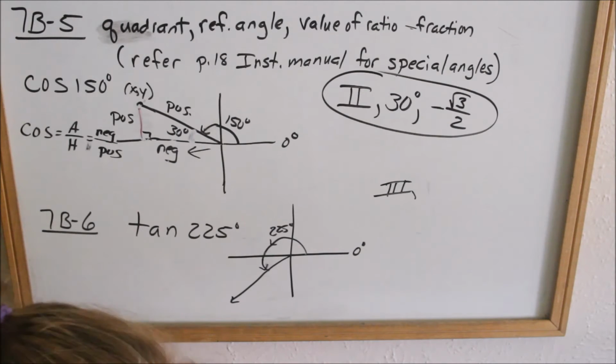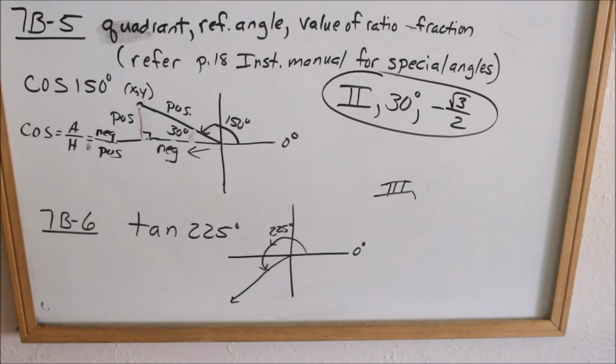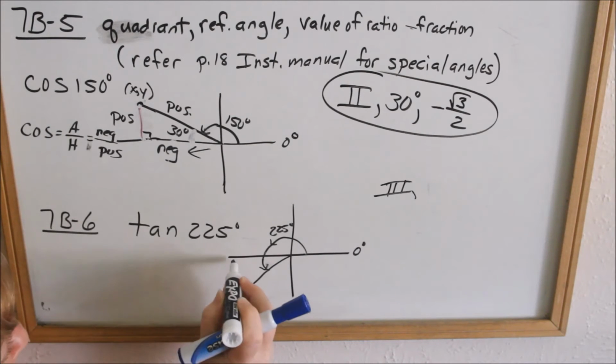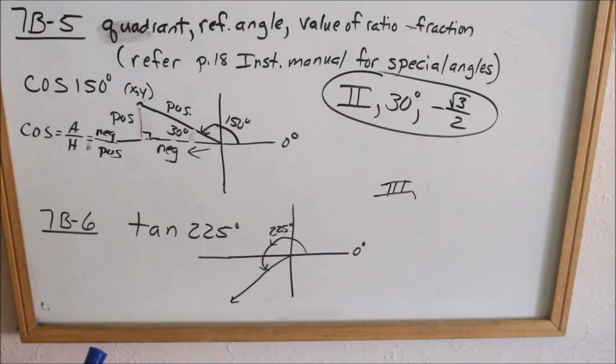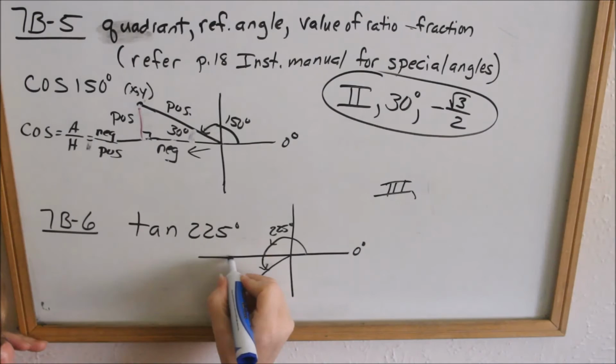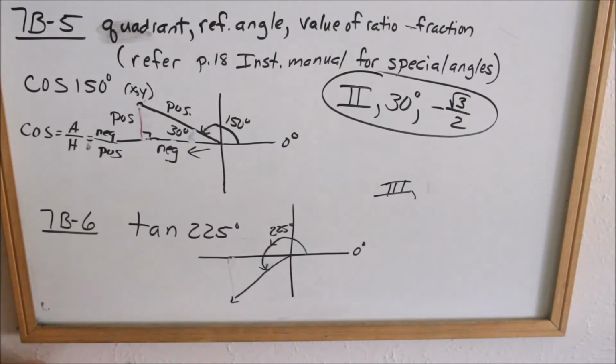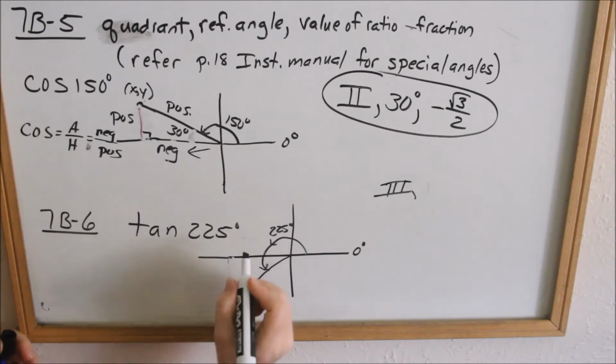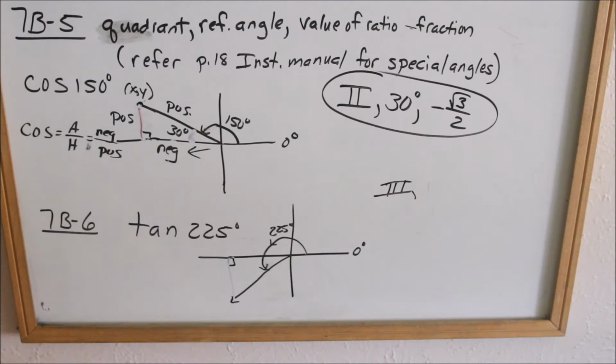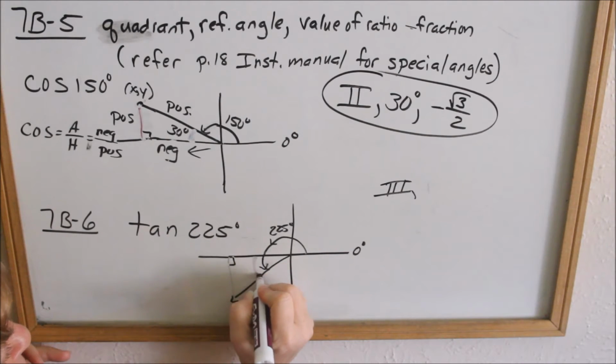Now the next thing they want to know is what is the reference angle? The reference angle is always drawn back to the x-axis. You're always going back to the x-axis for the reference angle. So this line right here, if I go back to the x-axis, that will make a right angle right there. So what is the amount of this angle just right there?